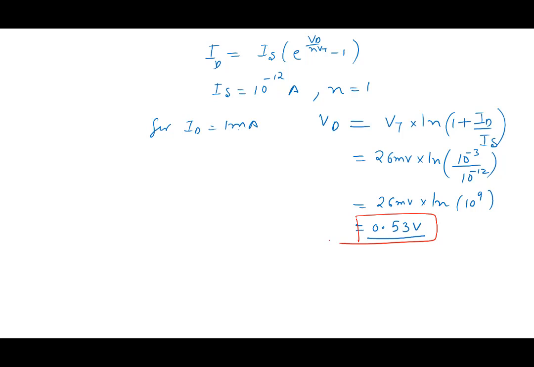So this says that I need to apply 0.53 volt to cause 1 milliampere current to flow. Correct? Okay. On the other hand, if let's say I change IS to 10 power minus 15, what do you think will be the diode voltage required? Same calculation repeated.